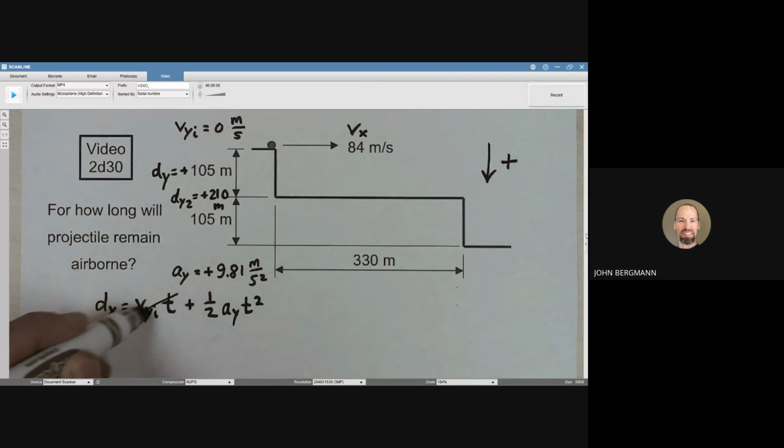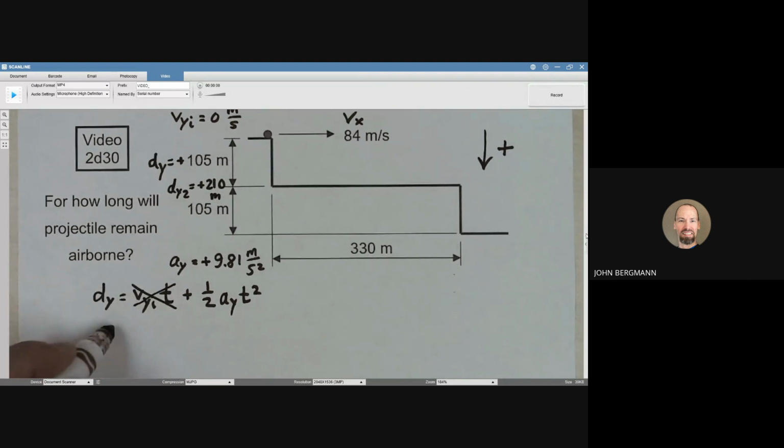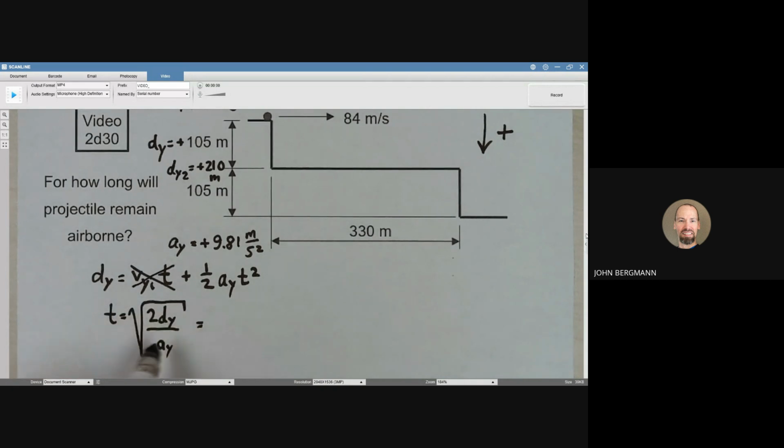Vy initial is 0, which means that time is equal to the square root of 2 dy over ay. Let's do that with a dy of 105. 105 is positive, 9.81 is positive.